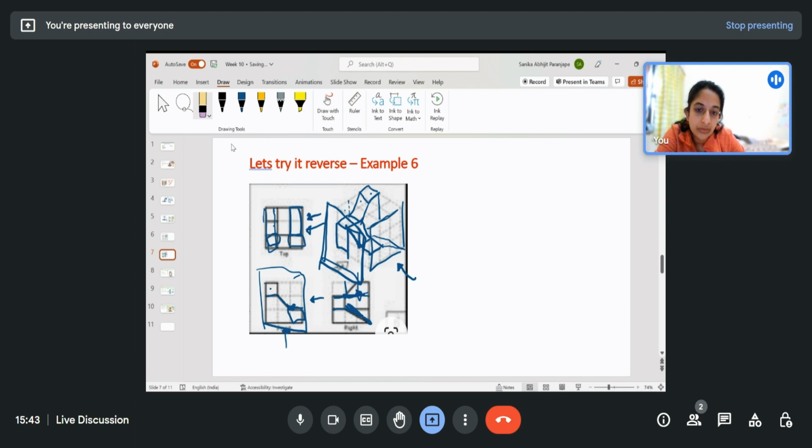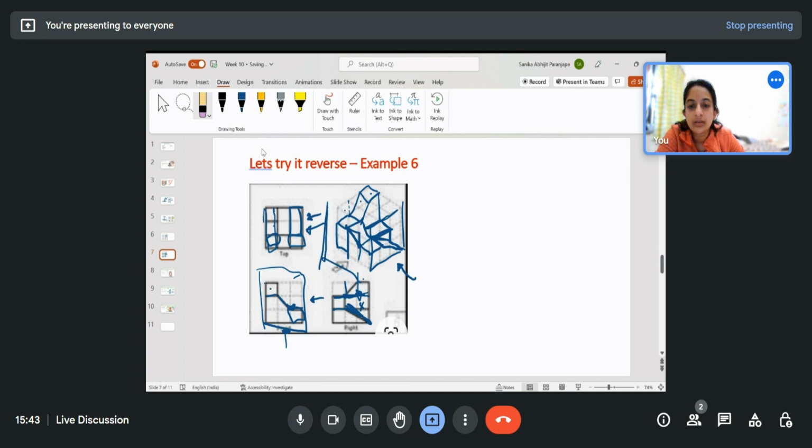This line, what we see, this line is telling that there is a block over here. So behind this slant, you have a rectangle. So let us now finally trace the final figure.